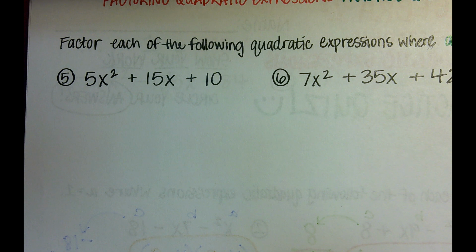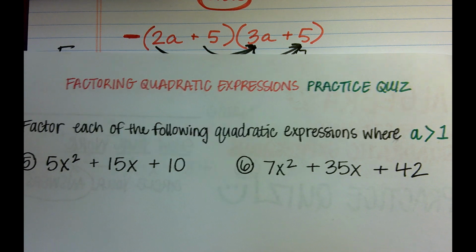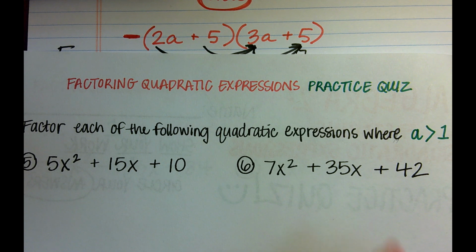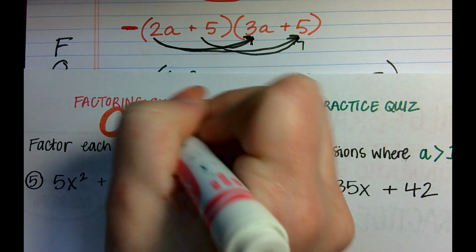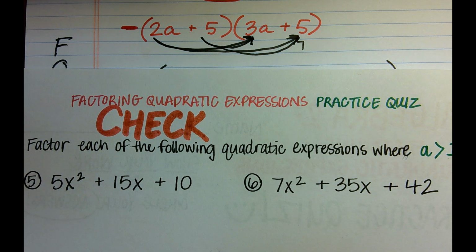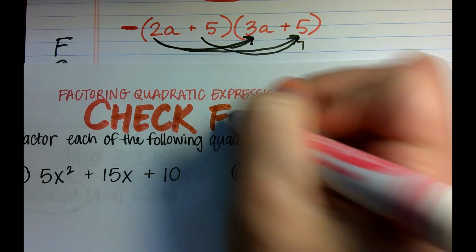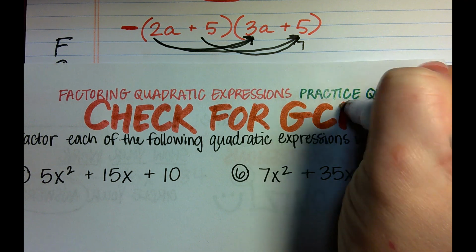Greatest common factor. Don't forget, let's write that really big up here. I'm going to say all 4 of these are going to be the same. Check for GCF first. Can I divide all 3 numbers by a number? Don't forget that step.